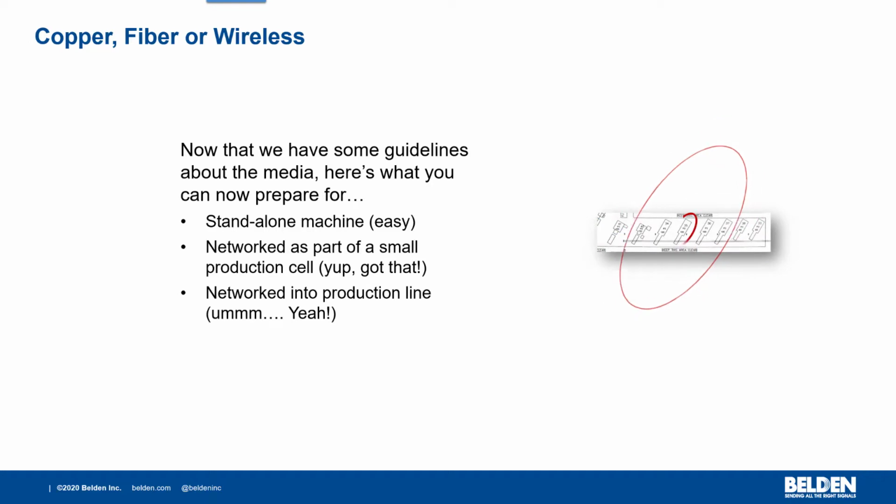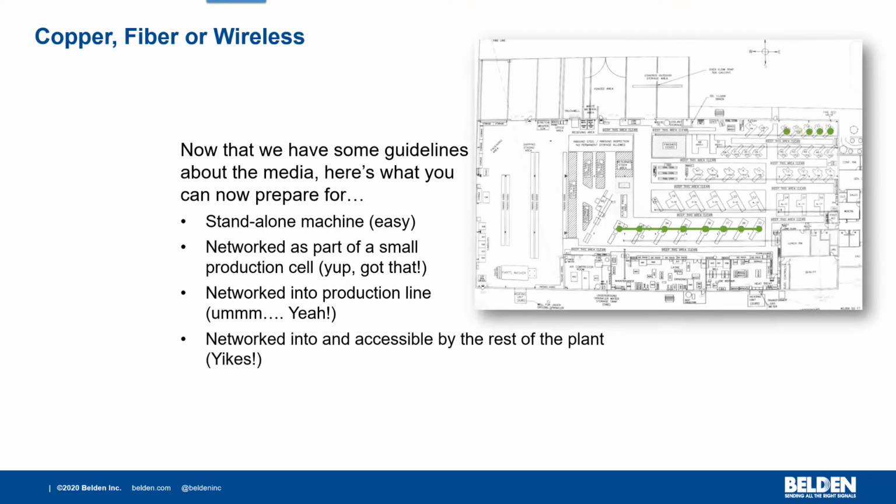Stepping it up a notch, looking at this machine cell networked into the rest of the production line, this is a little bit more challenging. And we then have an entire plant-wide network that you can then network this into and have it accessible by the rest of the plant.